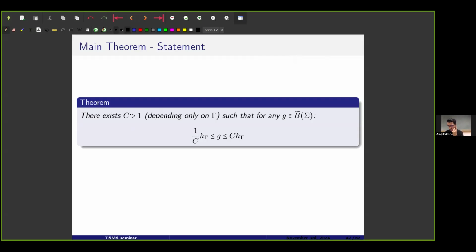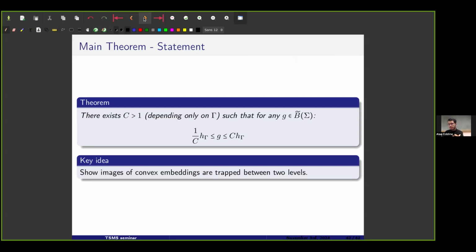Okay. So I recall that this is what we want. We want to find C that depends on gamma such that we have this inequality. And the key idea is that this embedding, since it is a graph of a convex function over R2, over the XY plane, we will prove that it will be bounded by two levels. And these two levels, up to some scaling by a constant factor, do not depend on the metric. This will give us what we want.